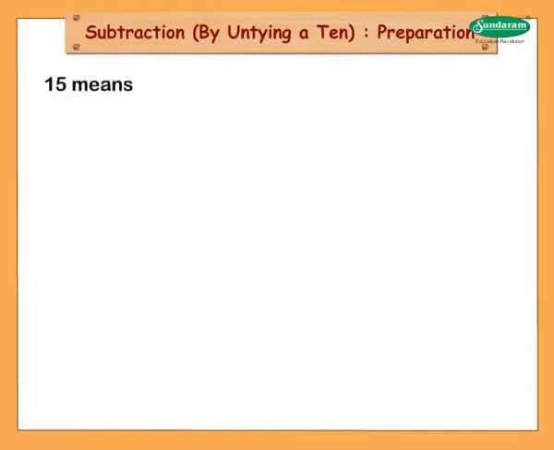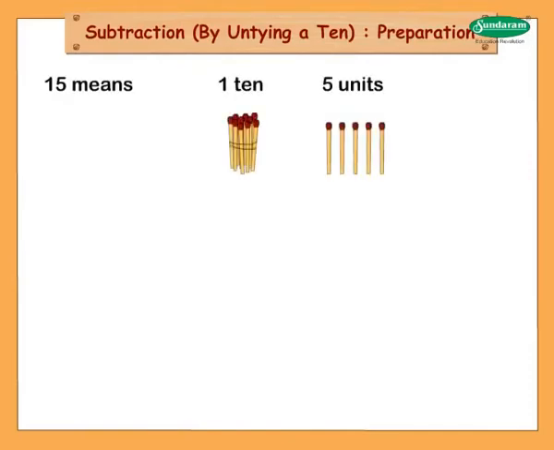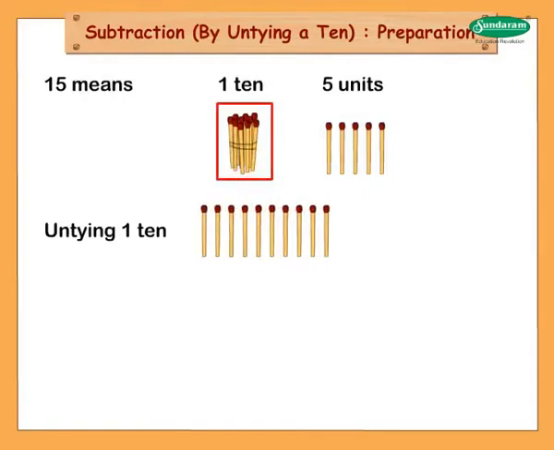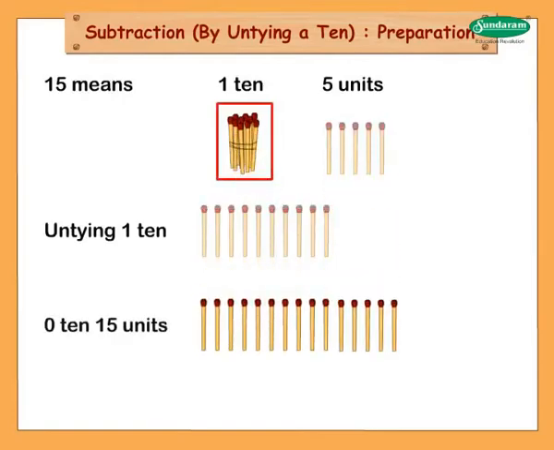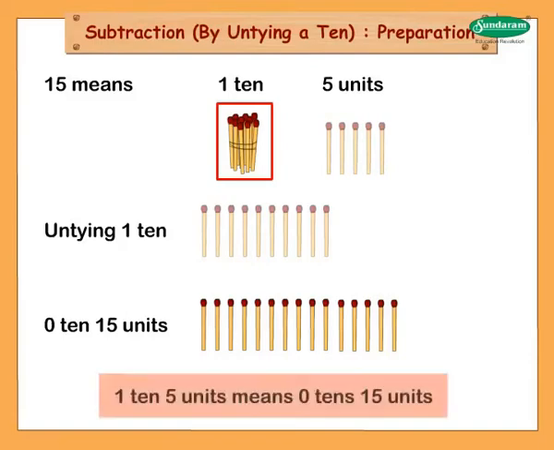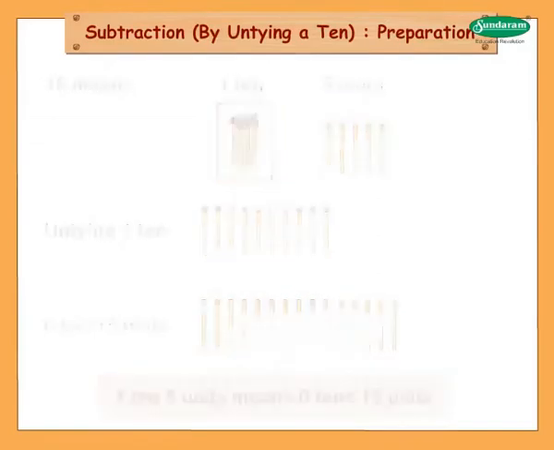Similarly, 15 means 1 ten, 5 units. Untying 1 ten, we get 0 tens, 15 units. Therefore, 1 ten, 5 units means 0 tens, 15 units.